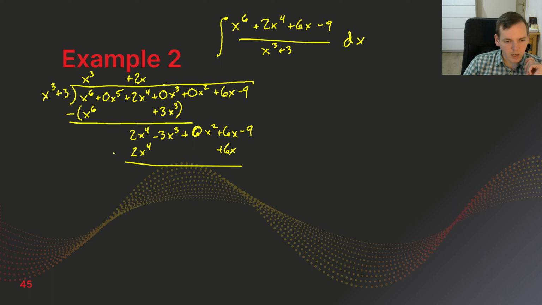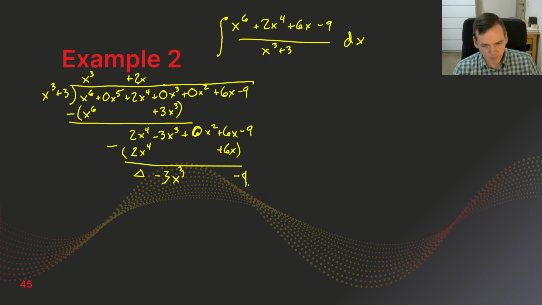So then when I subtract these, I'm going to get 0 minus 3x cubed. Those cancel, so minus 9. And so now we're looking at this x cubed section, and that should be minus 3.